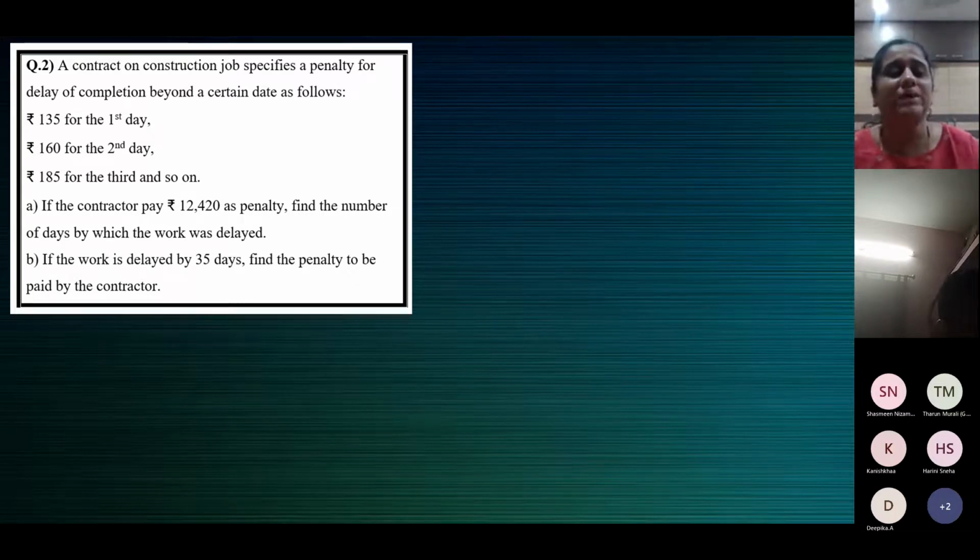See, 135 is the penalty only for the first day. 160 is the penalty only for the second day. It's not the penalty for 2 days, meaning both days together. 160 is the penalty only for the second day.